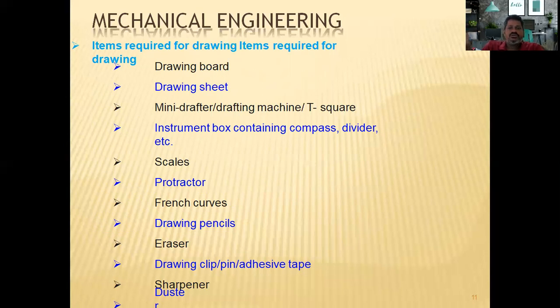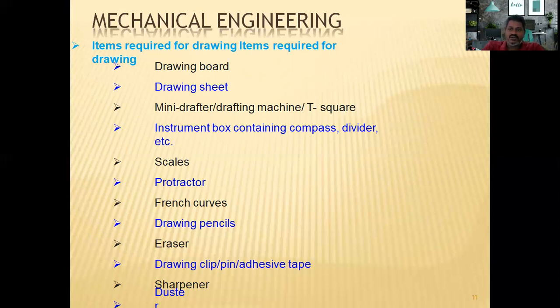A drawing board, drawing sheet, mini drafter, instrument box, compass box, otherwise in general term it is compass box, which consists of the divider, right? Divider, compass, then scales, protractor, French curves, drawing pencils, eraser, drawing clips we require to hold the sheet on the drawing board.